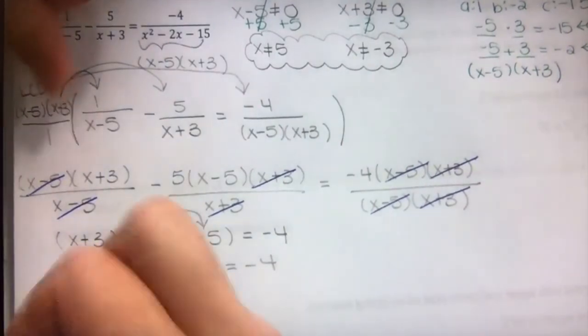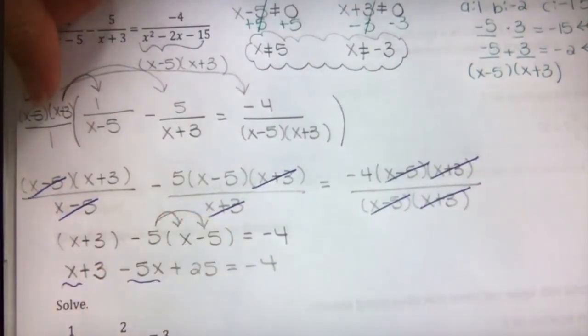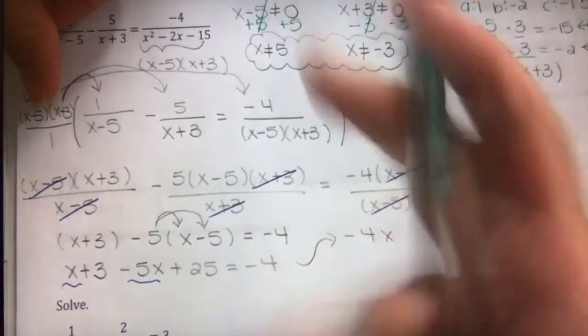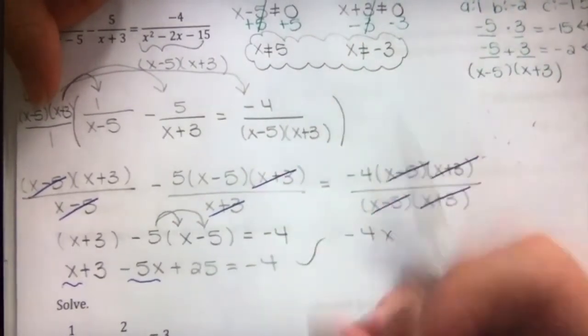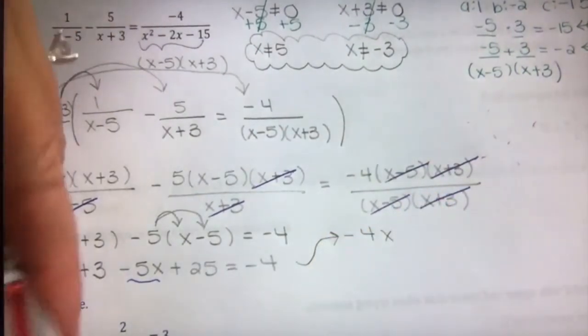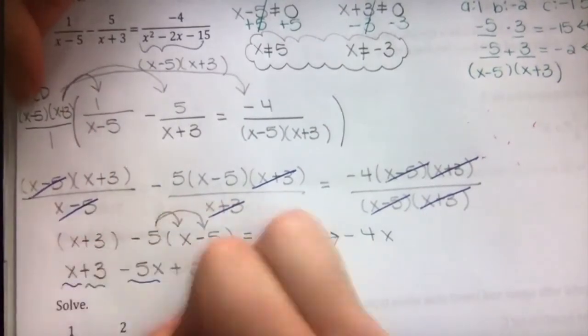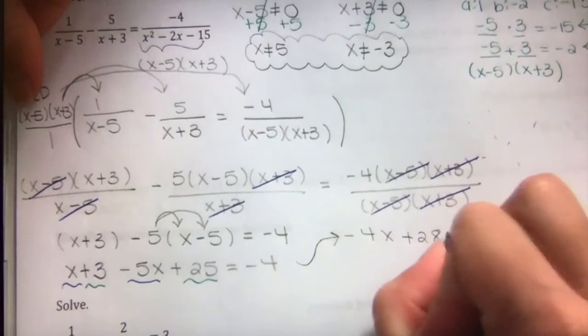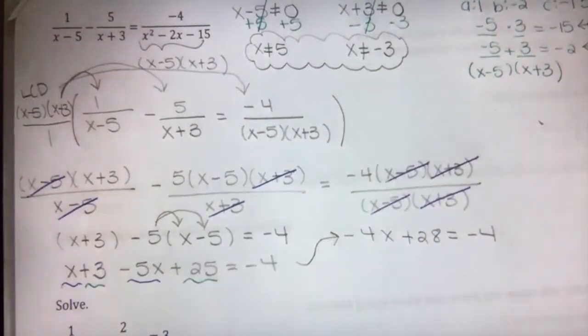Combining like terms, 1x minus 5x will give us negative 4x. We then have 3 plus 25, which is plus 28, equals negative 4.